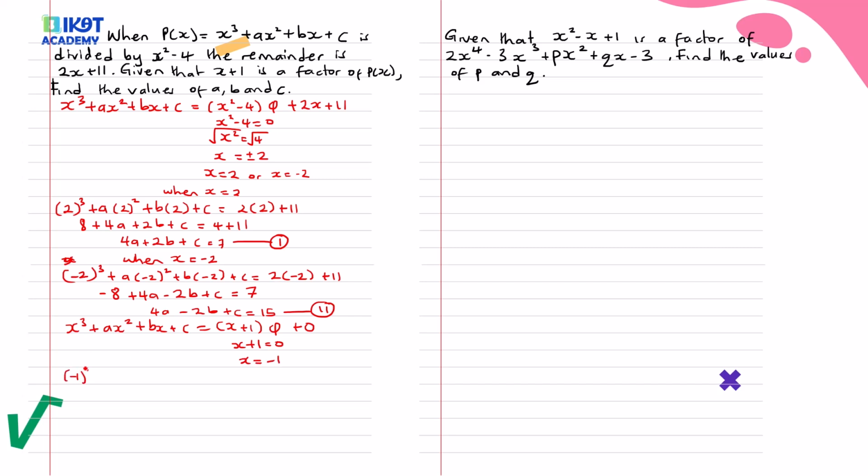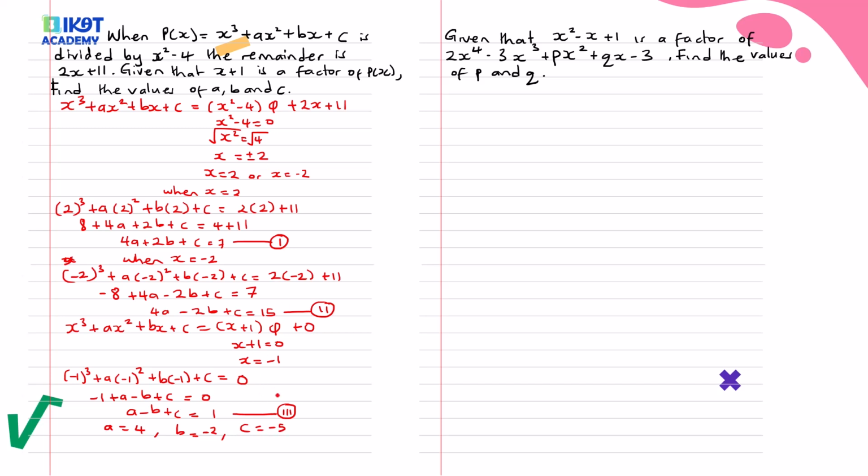So here this would be -1 cubed plus a into -1 squared plus b into -1 plus c, equal to 0. So we have -1 plus a minus b plus c is equal to 0. So a minus b plus c is equal to 1. This is equation 3. So we solve 1, 2, and 3 simultaneously. We'll get a is 4, b is -2, c is -5.